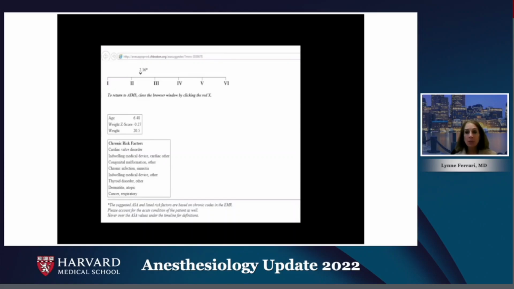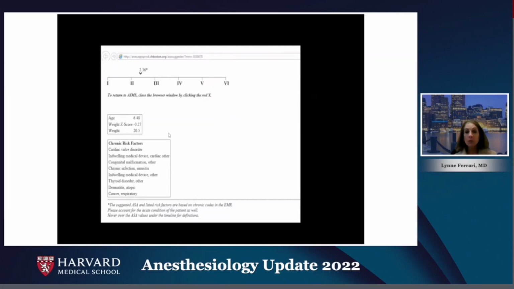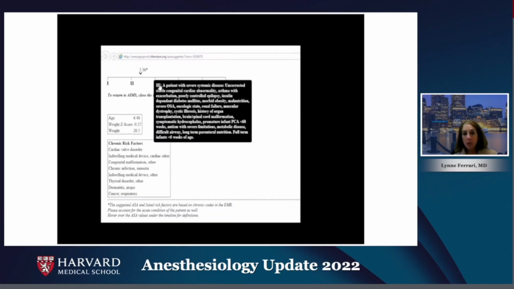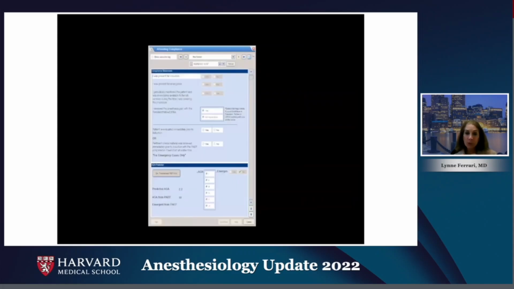It will suggest the ASA classification based on the pediatric definitions. And if the provider forgets what those are, one would hover over the number and the definitions will pop up. And then the provider will actually go back, see what their preoperative ASA from the pre-anesthetic evaluation form was, look at the predicted ASA classification from the model, and then go ahead and input what the final would be.